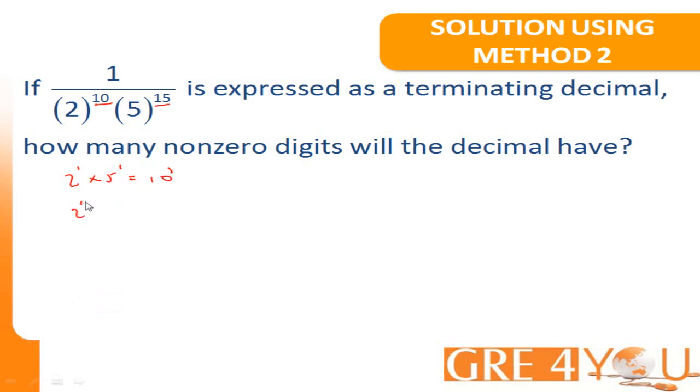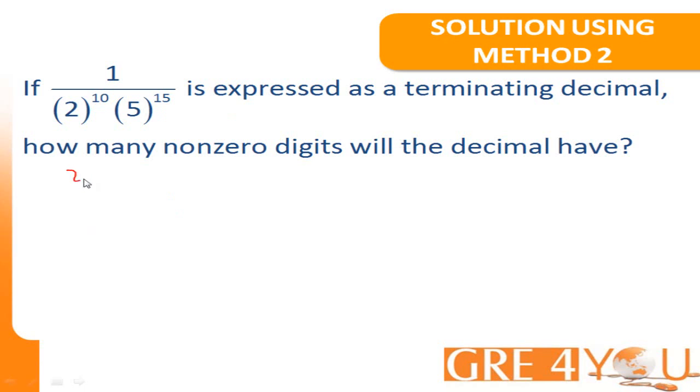Similarly, a 2 power 15 times a 5 power 15 would give you a 10 power 15. So what we want is to get a 2 power 15 in the denominator so that it multiplies the 5 power 15 as well. The way to do this is to multiply and divide the given expression by 2 power 5. So let me just clear this out for you and continue with the problem.